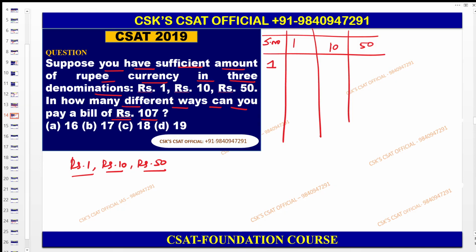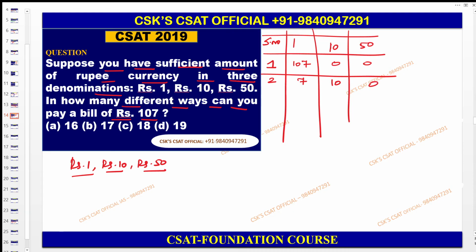Now I am completing the first serial number for 1 rupee. All the 1 rupee I am taking. So therefore 107 rupees I am paying, and I am not using any 10 rupees and 50 rupees. So 1 rupee coin over. Now let us come to the second one. If you are taking 10 rupee, maximum you can take 10 rupees. So therefore 7 here.